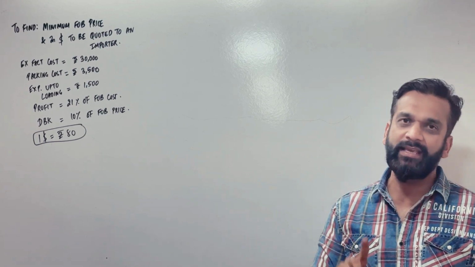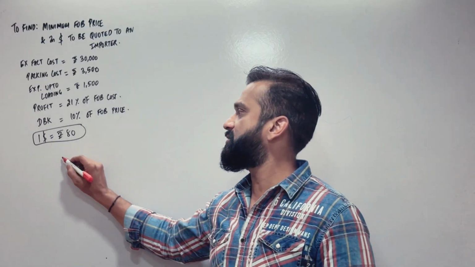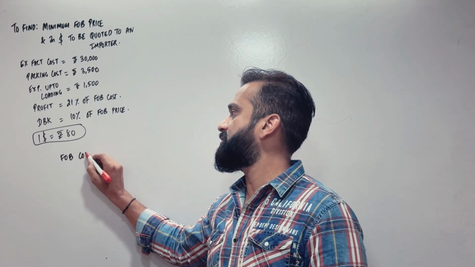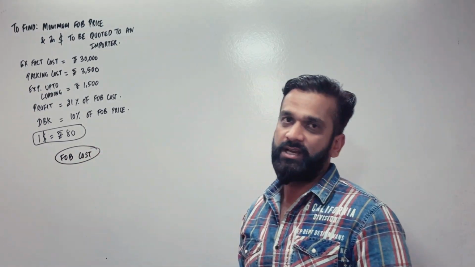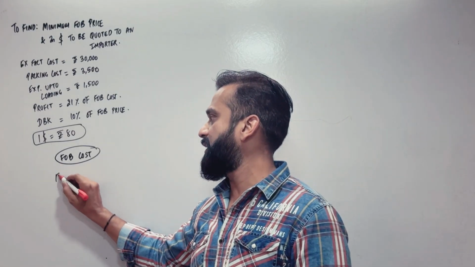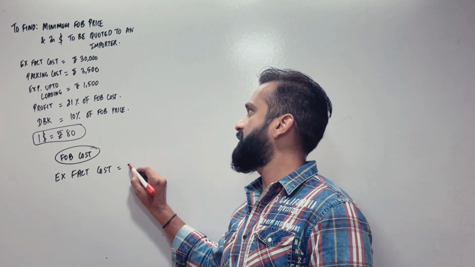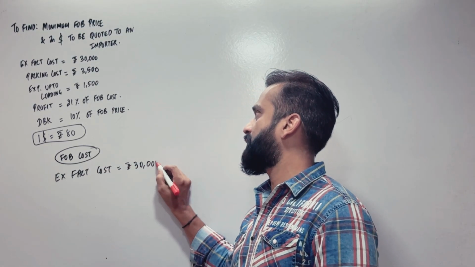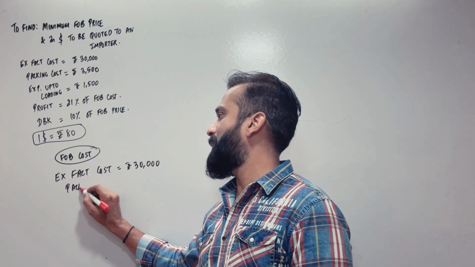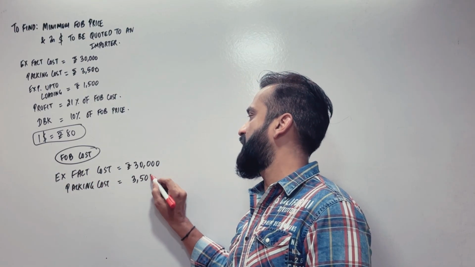The first step will be calculation of the FOB cost. How to get the FOB cost? By adding all the expenses. First I will add ex-factory cost, that is rupees 30,000. I will add the packing cost, that is rupees 3,500.